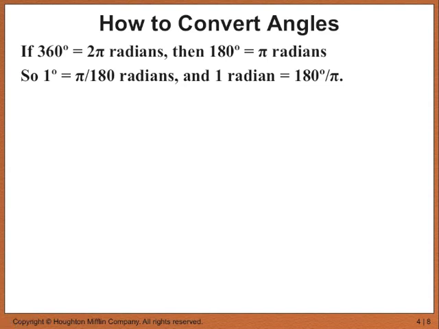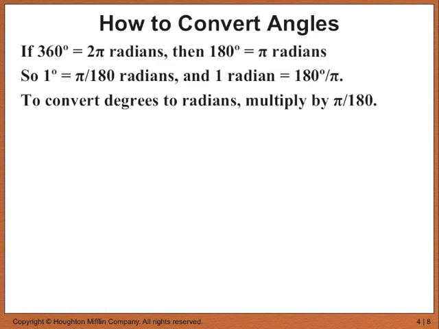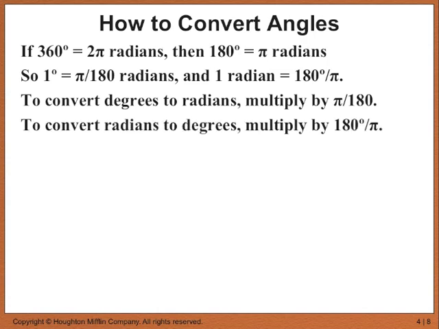Now, if we want to convert, then based on what we just proved, we can say this: to convert degrees to radians, you multiply the degrees by pi over 180, and then you'll get that angle in radians. And to convert radians to degrees, you multiply by 180 degrees over pi. So you get some angle in radians, you want to convert it to degrees, multiply that angle by 180 degrees over pi, and you have your answer.